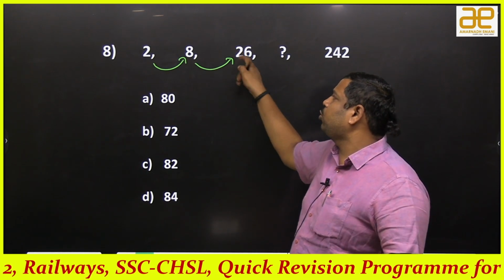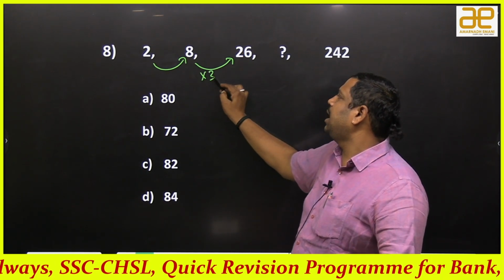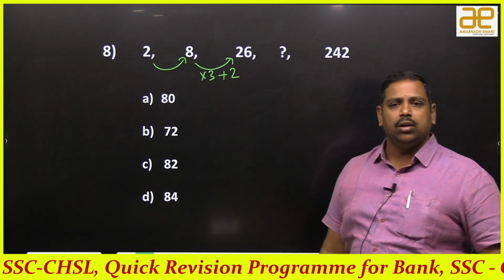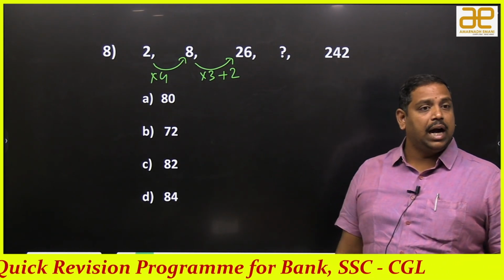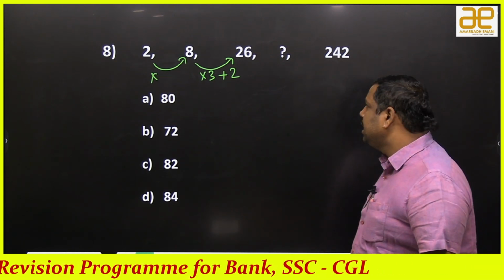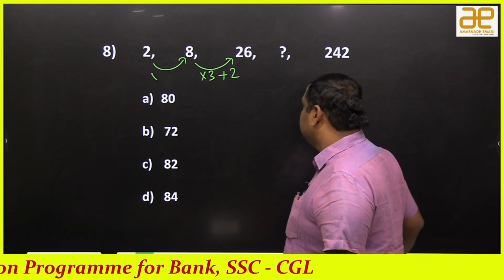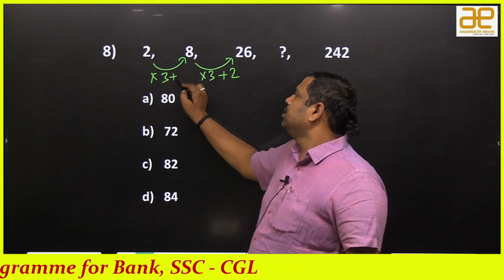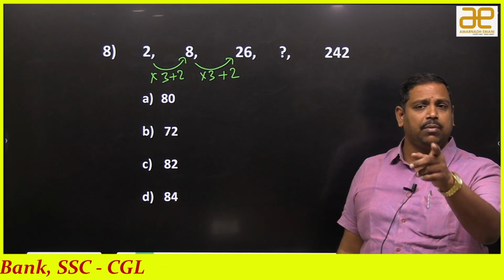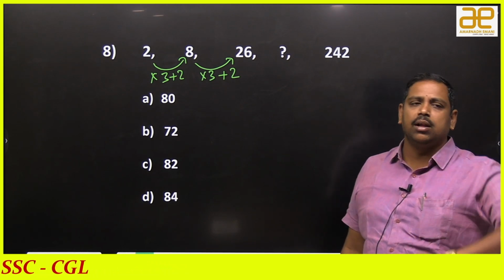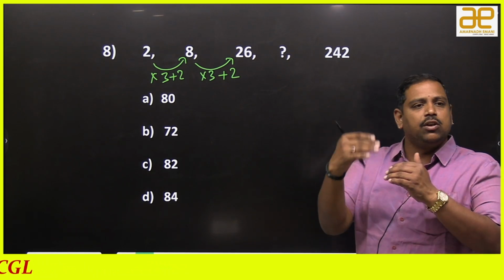8 3s are 24, close to this, which means it is into 3 and plus 2. Now tell me, do I have to take it as into 4? Not at all. I have to take it as again into 3 plus 2, or not, we have to check. 2 3s are 6 plus 2, matched. Do you understand why I said don't go with smaller numbers? Because if you go with smaller numbers, multiple logics you have to cross check.